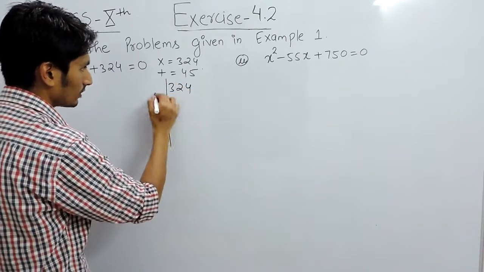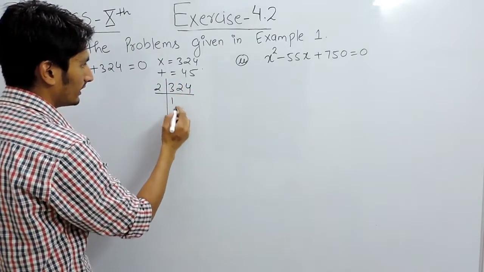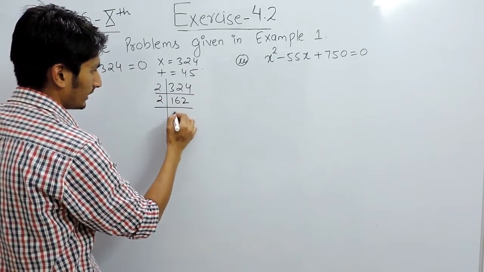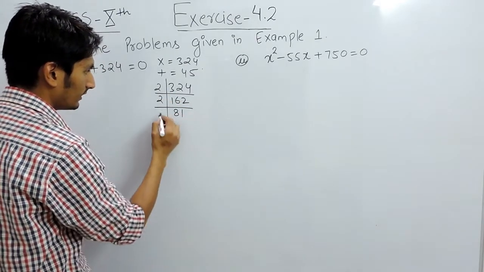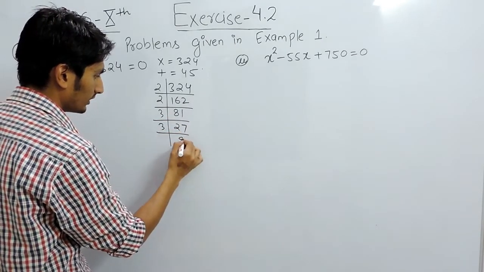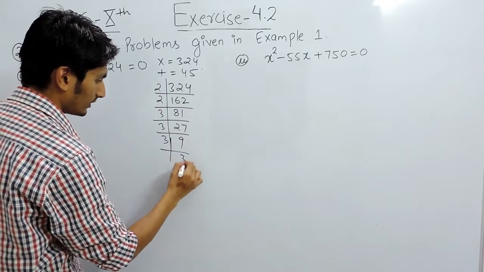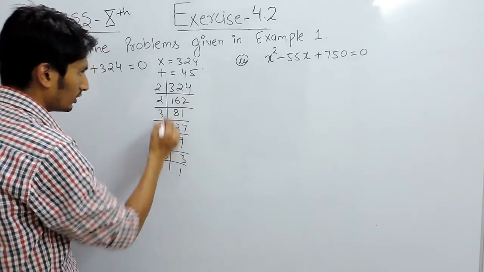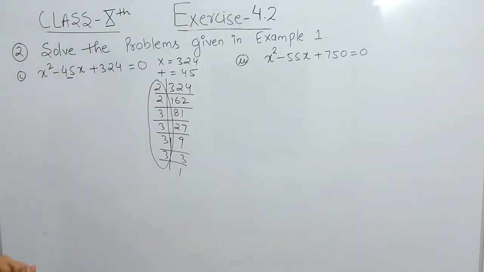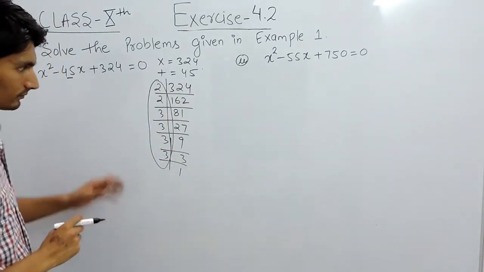And we know that to do that you can factorize 324. So this is 2 into 162, 2 into 81, 3 into 27, 3 into 9, 3 into 3 and 3 into 1. So these are the factors.